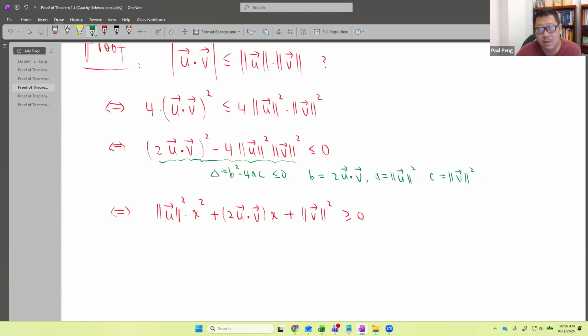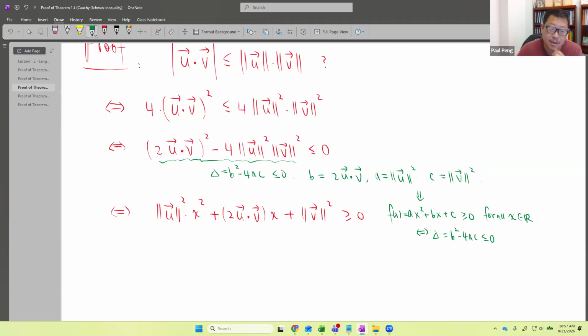Similar to this, this one will be ax squared plus bx plus c. Probably you can say f(x) equals that quadratic function has to be greater than or equal to 0 for all x real numbers, because the delta equals b squared minus 4ac is less than 0.